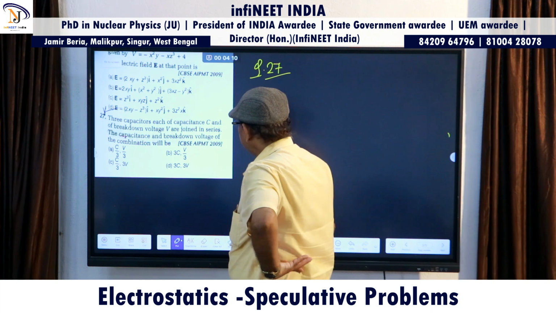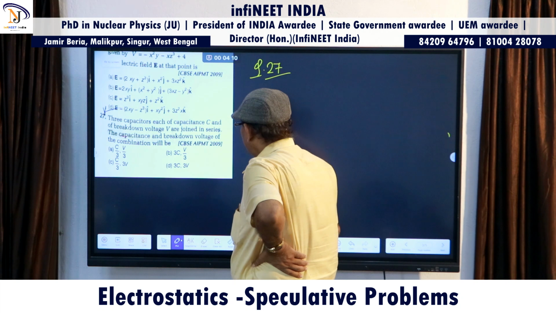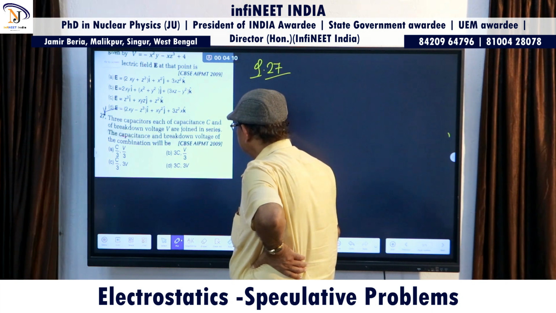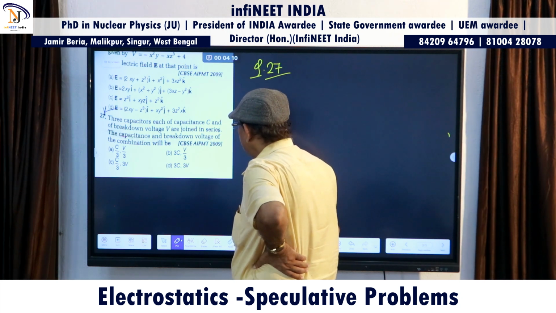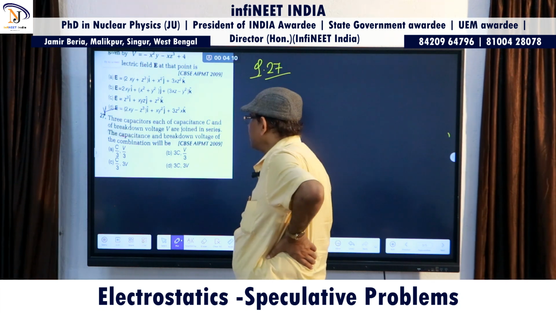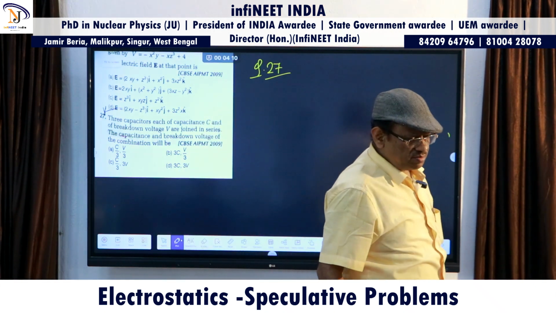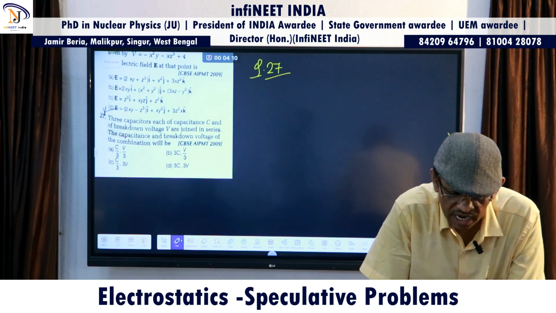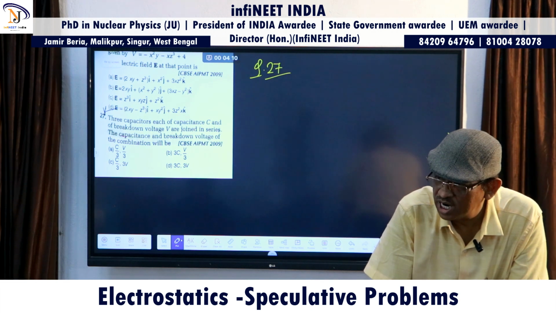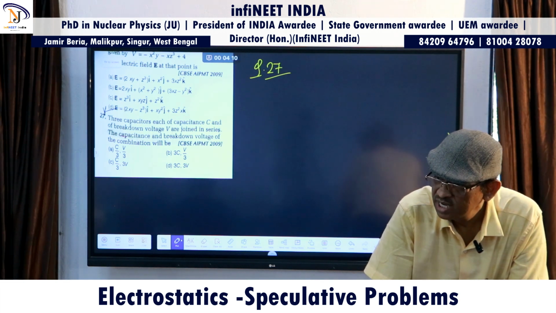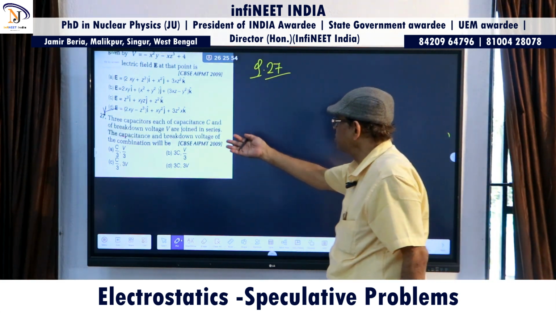Capacitors, each of capacitance C and breakdown voltage V, are joined in series. The capacitance and breakdown voltage of the combination will be. Breakdown voltage means what? You know? Breakdown voltage means the voltage at which the capacitor is unable to hold charge, that means the maximum amount of charge that it can hold. So you can calculate this one.